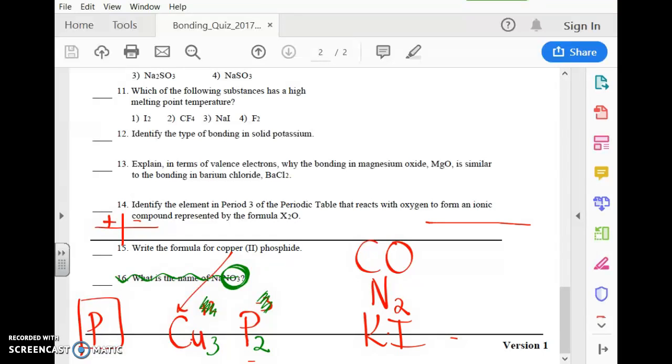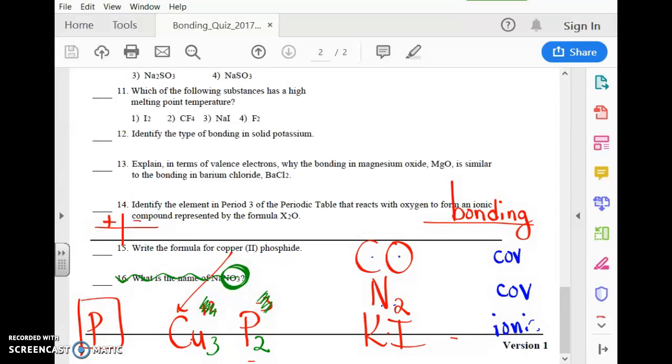If we did a little chart here and I ask you, what's the bonding type of this? Well, let's start off with the simple. I have nonmetal, nonmetal, so that means this is covalent. Nonmetal, nonmetal, covalent. And metal, nonmetal, ionic.